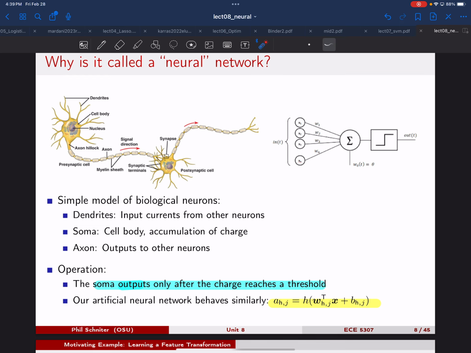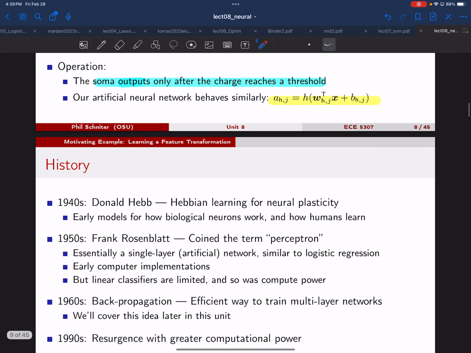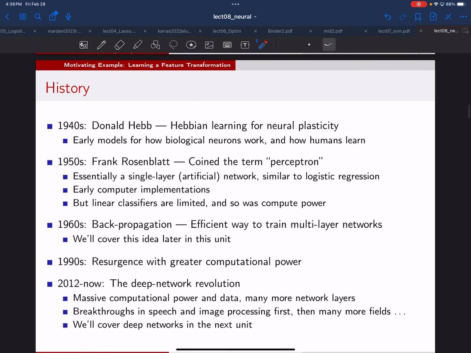All right, any questions on that? Okay, so a little bit of history. These biological neuron models were studied as far back as the 1940s. And already in the 50s, you had people thinking about artificial neural networks. At the time, they were thinking at first of things more like single layer networks. That's where the name perceptron started.